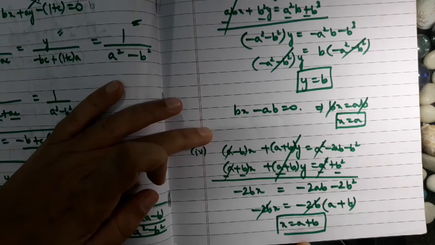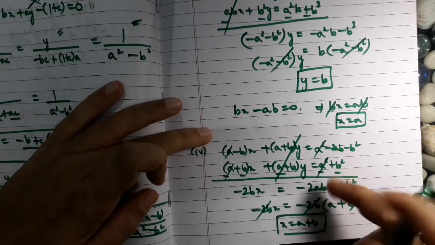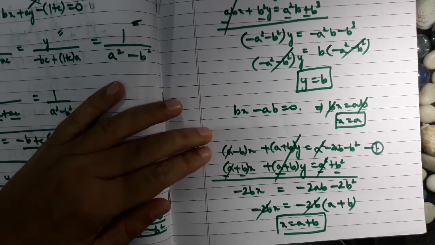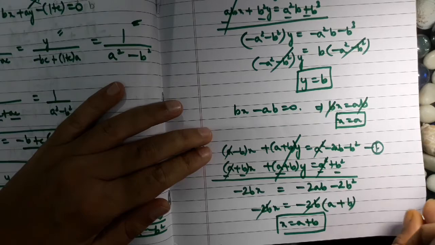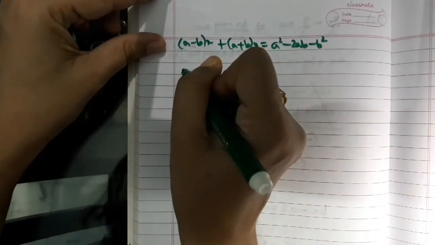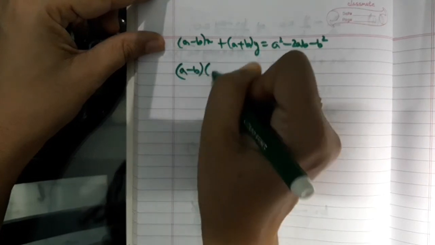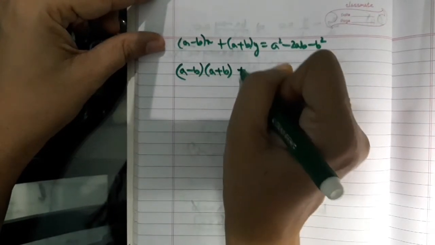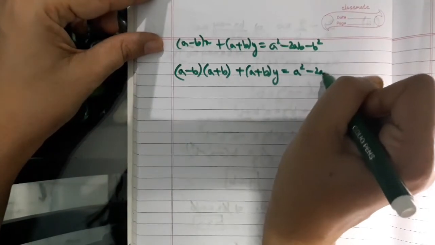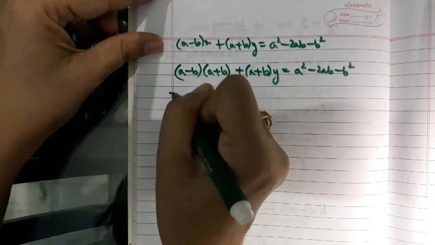Now we substitute this value of x in any of the two equations. So suppose I substitute it in equation number 1. So this is the first equation. So in place of x we write down a plus b, and the remaining equation as it is. Let us simplify this.